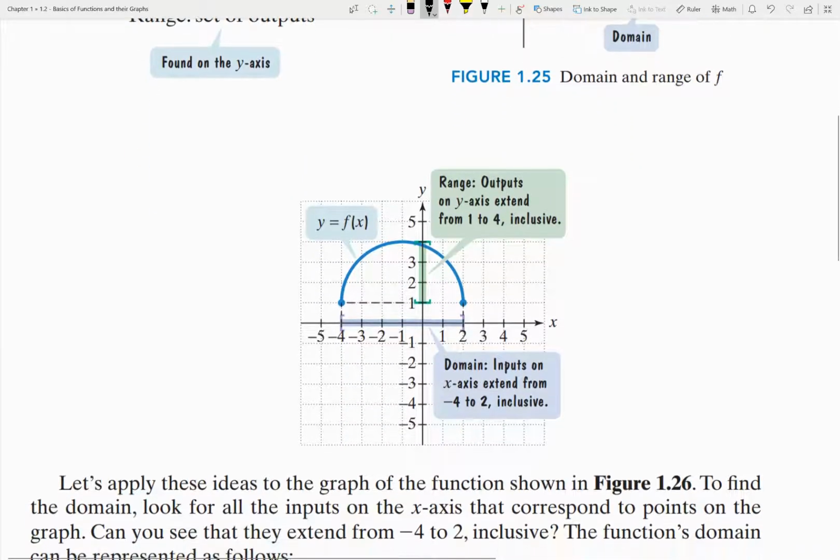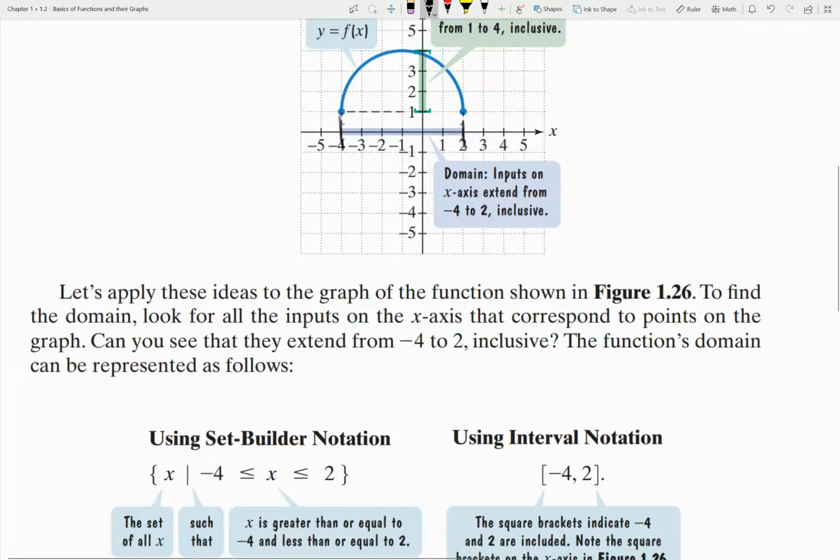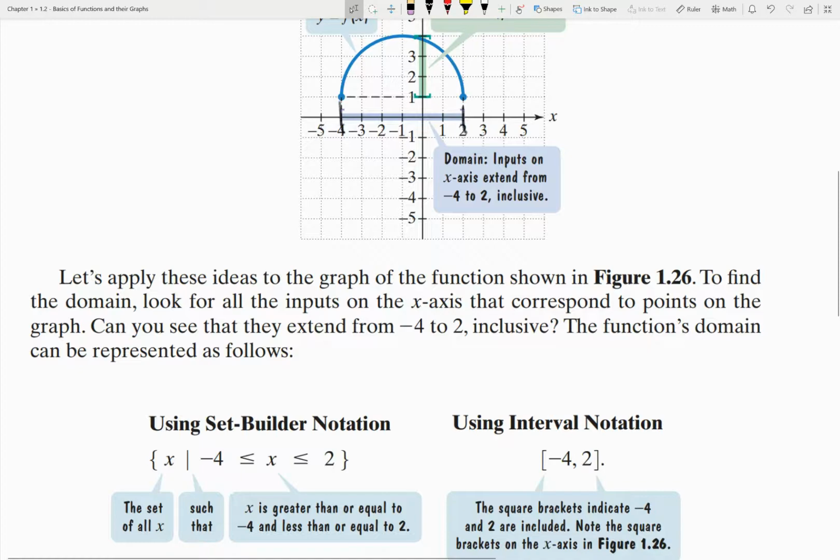So if we look at this graph right here, this looks like a half a circle. It's got two dots on the end, which means that we're going to use square brackets. And the domain extends from -4 to 2 inclusive. I would represent that two ways. With set builder notation, x such that -4 is less than or equal to x, which is less than or equal to 2. But what we're going to do typically is use interval notation.